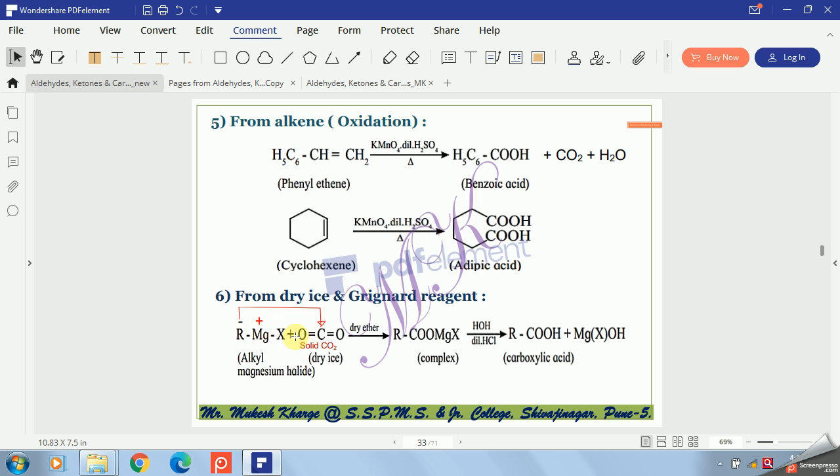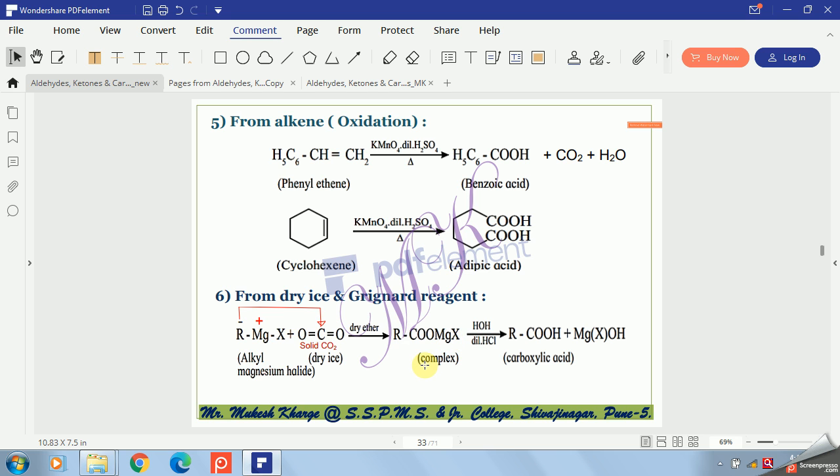So MgXO here, and R will attach to the carbonyl carbon. So RCOO minus MgX plus. Okay, so that is a complex, it is unstable.